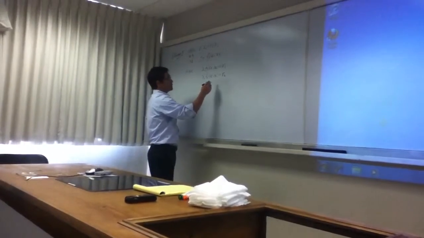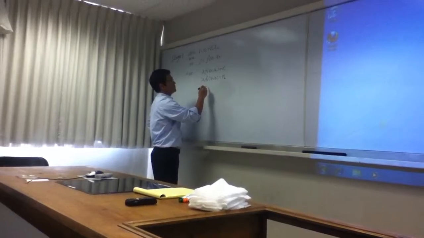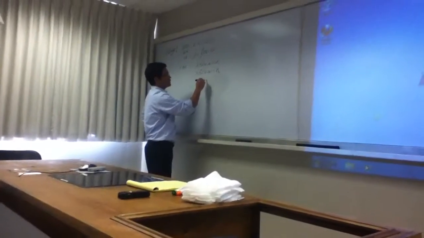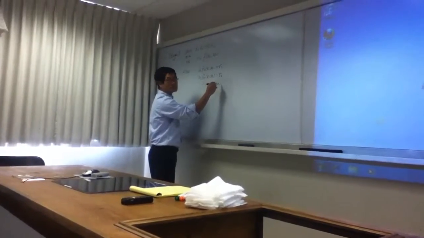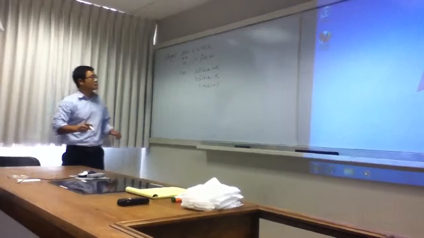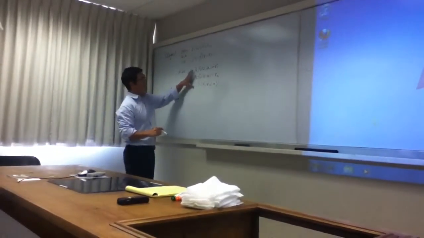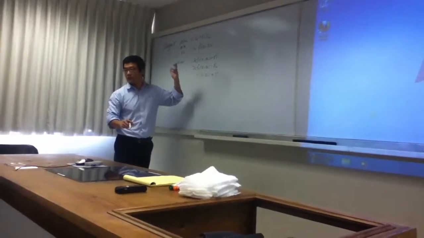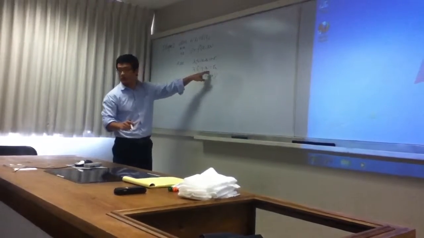And also we have this constraint, f of x1, x2 is equal to y. So we have three equations, three unknowns. We can solve all of the three unknowns, lambda, x1, x2, right?